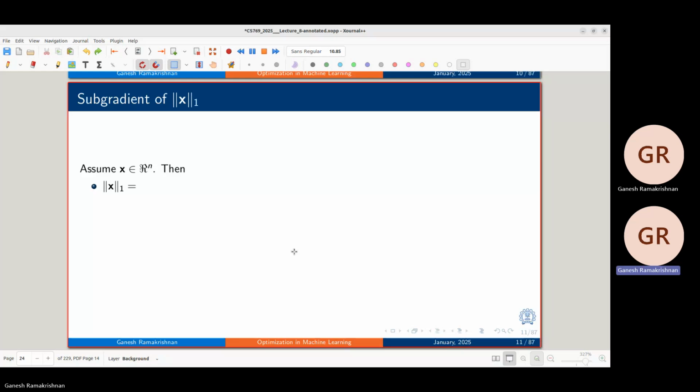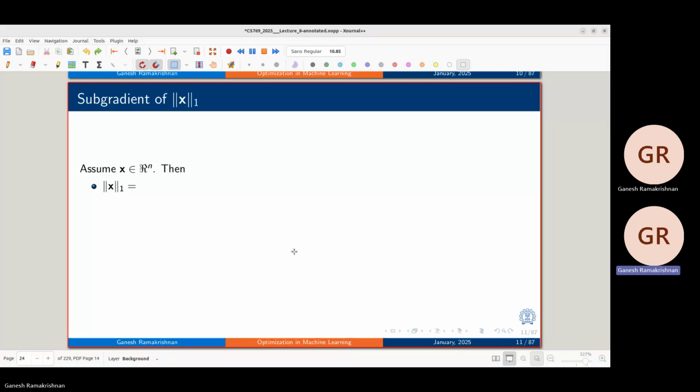Max over, how is it defined by the way? It is the sum of the absolute values of the xi's, right? One norm of x is the sum of absolute values. What is another way of writing the sum of absolute values?